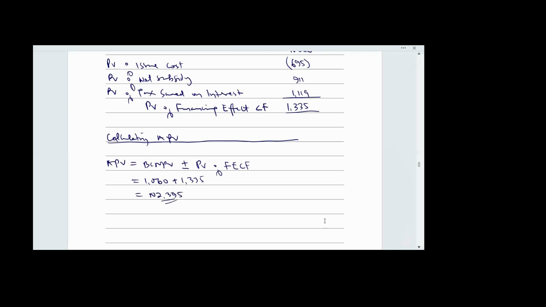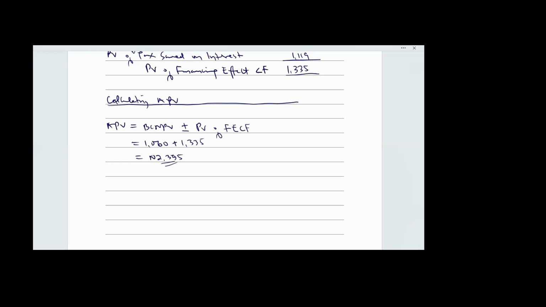That's it. You are asked in the question to evaluate on financial grounds whether the company should proceed with the project. The company should proceed because the project is financially viable.